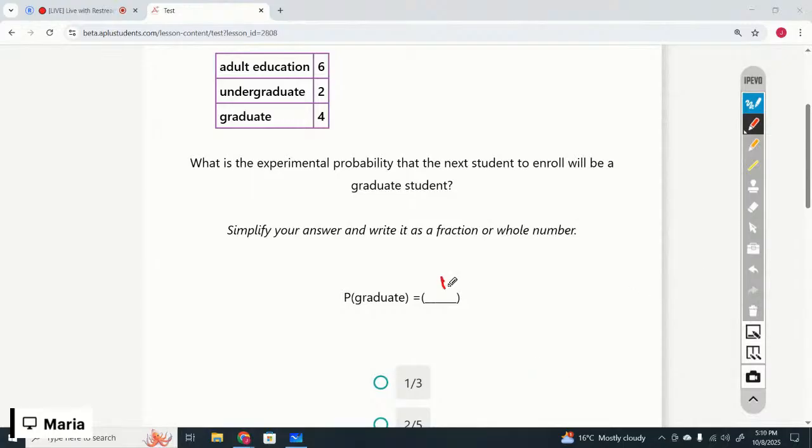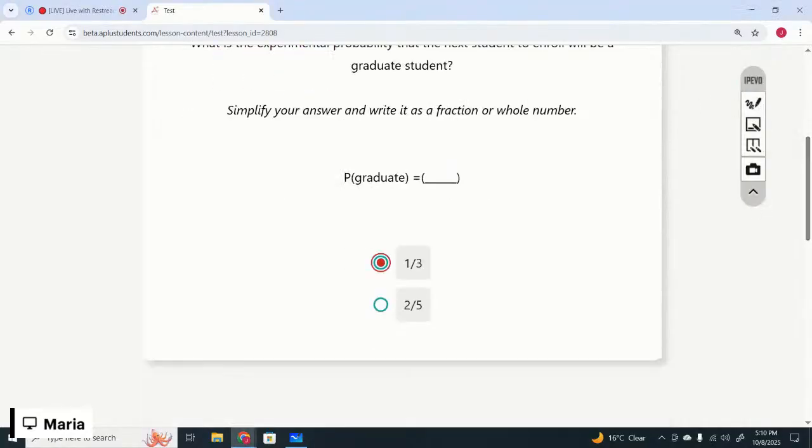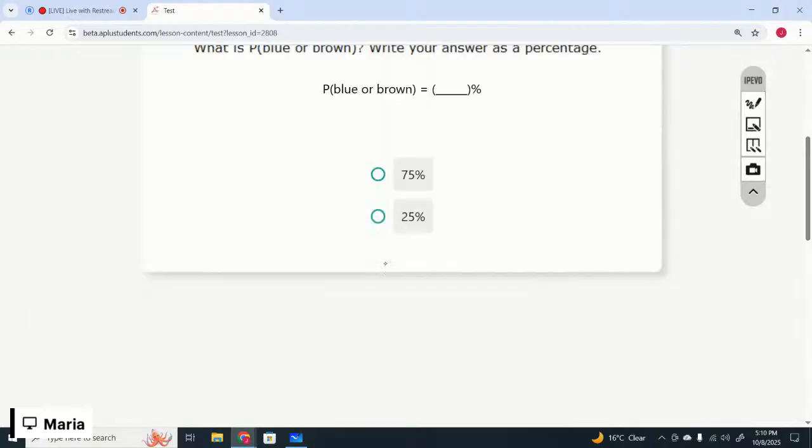The graduates are 4. The total of them are 12. That is 1 out of 3. Option number 1 is the correct option.